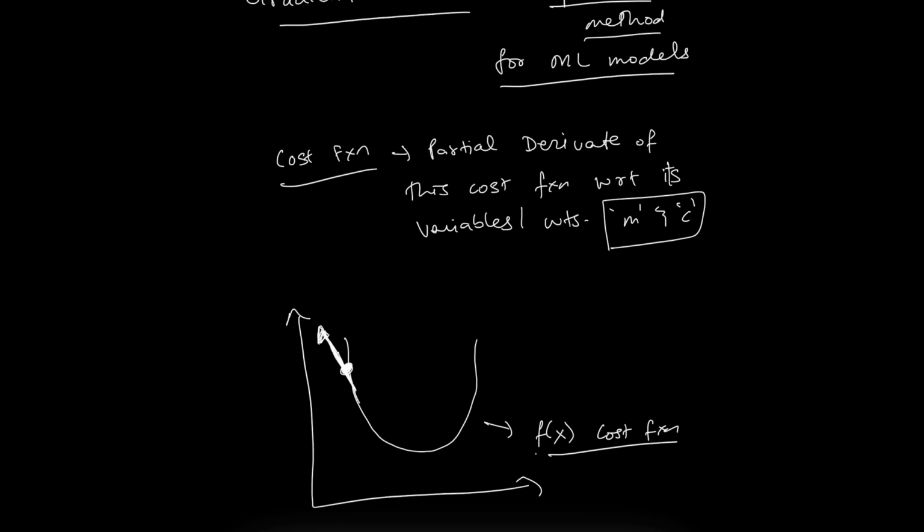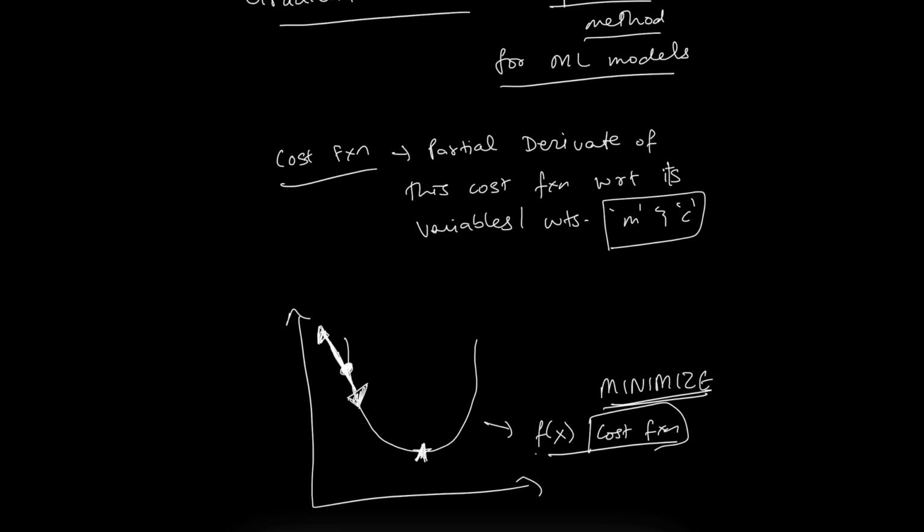What we want to do is go in the opposite direction, because remember this is our cost function and we want to minimize our cost function. To minimize our cost function we want to go down and get to this point. This is our optimal point.